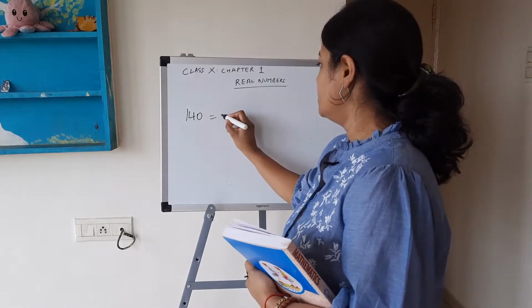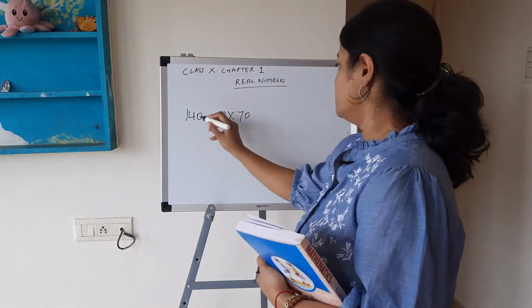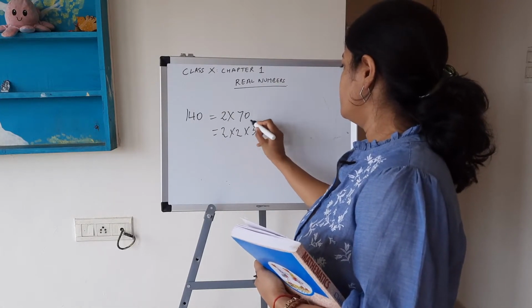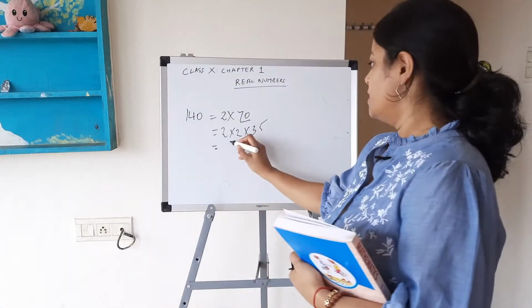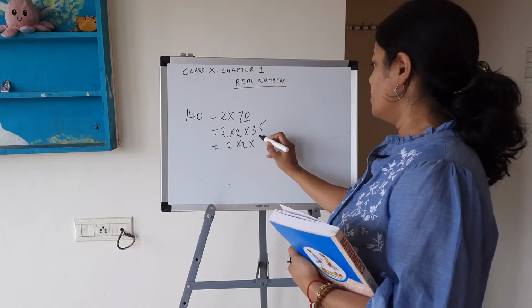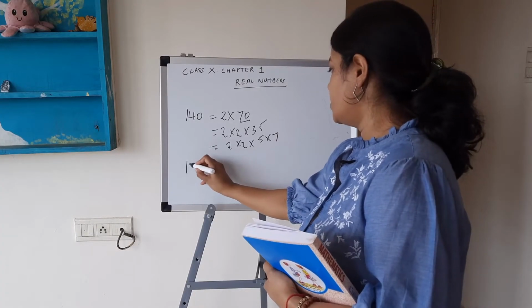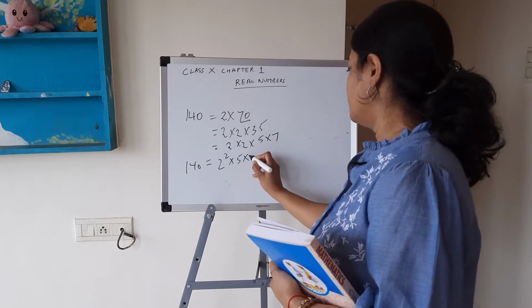We can start with the lowest prime, which is 2. We know it's 2 into 70, 2 into 2 into 35, and then 5 into 7. So we can express 140 as 2 square into 5 and 7.